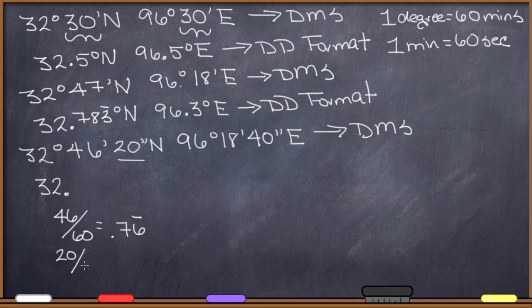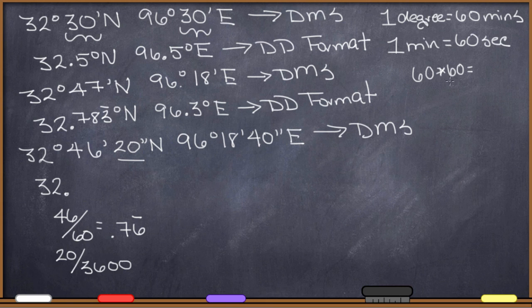But now this over here for the 20 seconds, I'm going to have to divide that by a number as well, but the number I'm going to have to divide that by is 3,600. Now, why is that? Well, it's because I want to know how many seconds there are per degree. And if there are 60 minutes per degree, 60 seconds per minute, then if I take 60 and multiply it by 60, I should get the number of seconds in a degree, right?